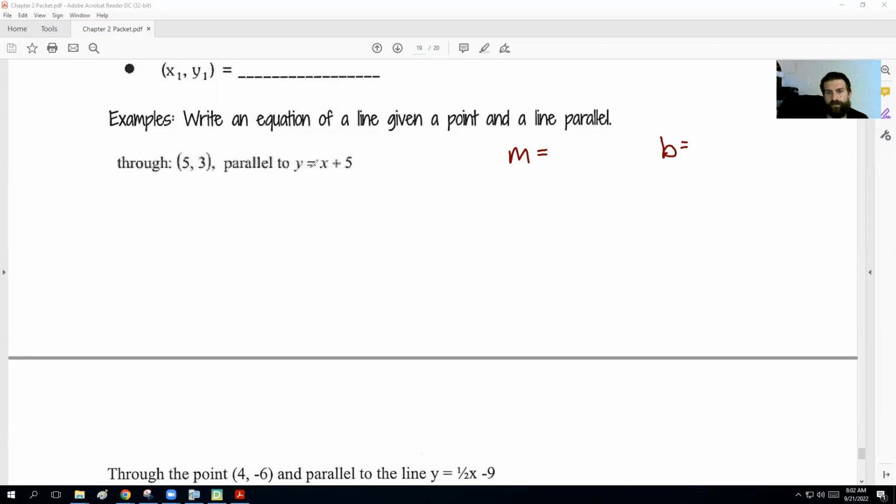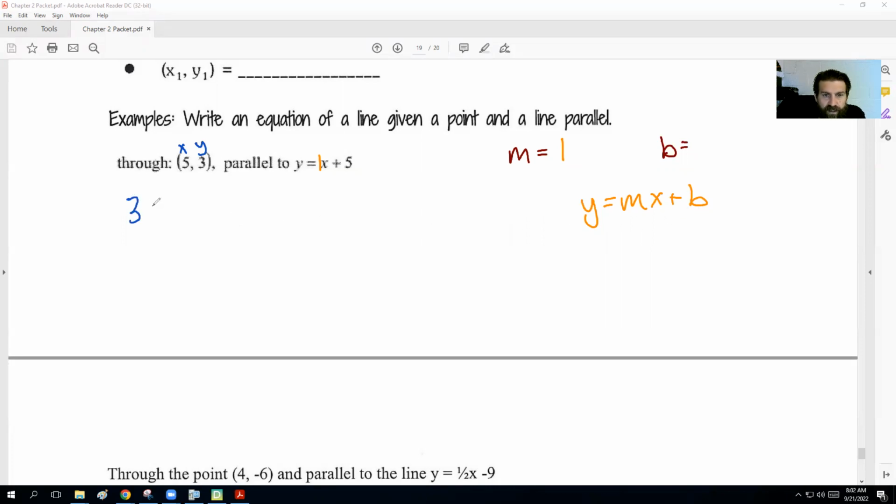Well, if it needs to be parallel to this, the slope needs to be the same. So if this has a slope of 1x, that means our parallel line would have to have a slope of 1. Our goal is to figure out y equals mx plus b, and now we have at least one of those things. Now to find the b, remember what we're going to do is we're going to take our x, y, and our m and plug it into the equation and solve for b.